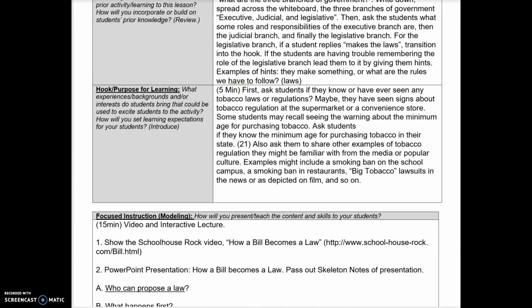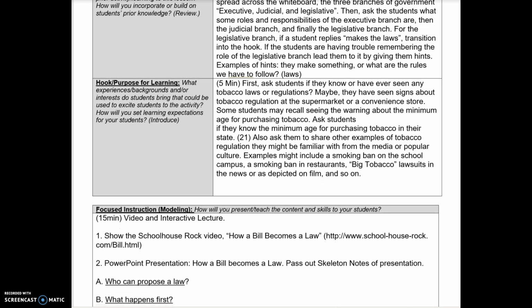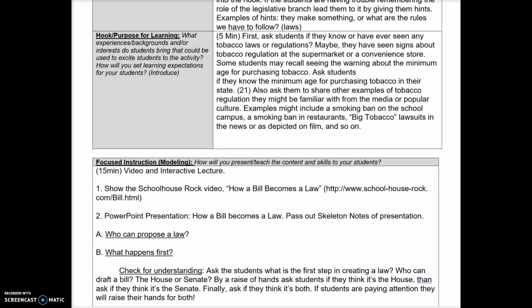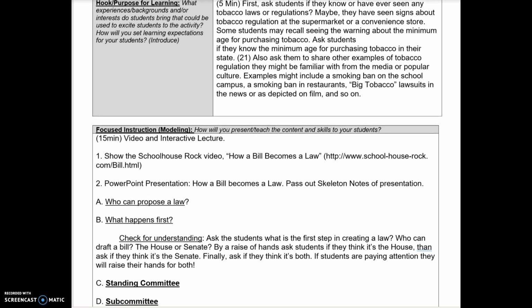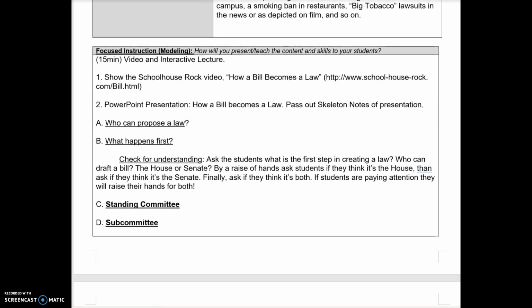Then we'll take about 5 minutes to discuss what they have seen in their life about tobacco regulations. This may be a sign about the minimum age of purchase at a supermarket or convenience store. And then we'll also ask them to share some examples of tobacco regulations they might be familiar with from the media or popular culture.